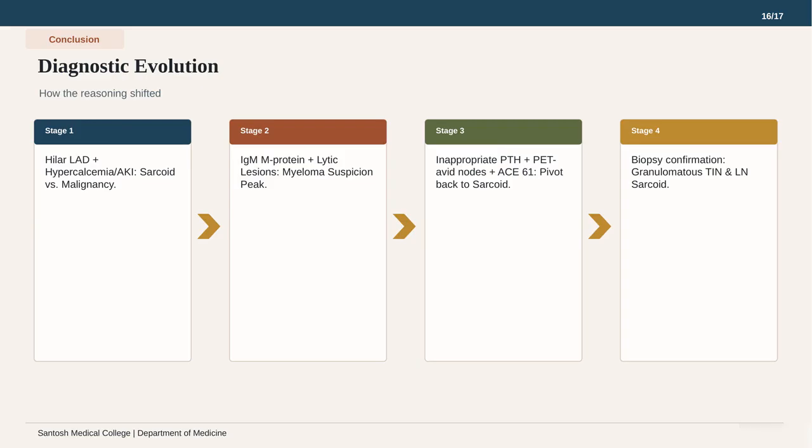However, moving into stage 3, the combination of an inappropriate parathyroid hormone level, PET-avid nodes, and an elevated ACE level forced a crucial pivot back towards sarcoidosis. Finally, in stage 4, the tissue biopsies provided absolute confirmation of granulomatous disease. This journey highlights some vital clinical pearls that we should carry forward into our daily practice.